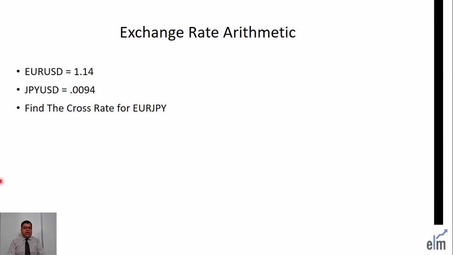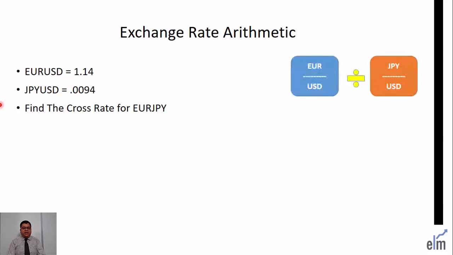We need to find out the cross rate for Euro JPY. As I mentioned in the last problem, we have to find out a way to cancel out the common currency, which is USD, right? So we can write it in this way: Euro USD and JPY USD.